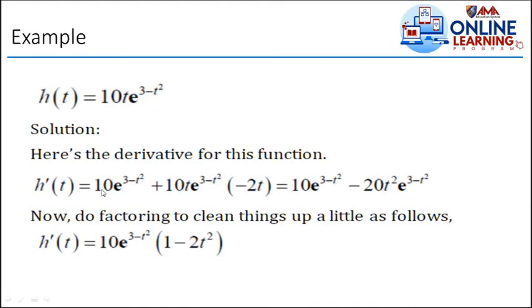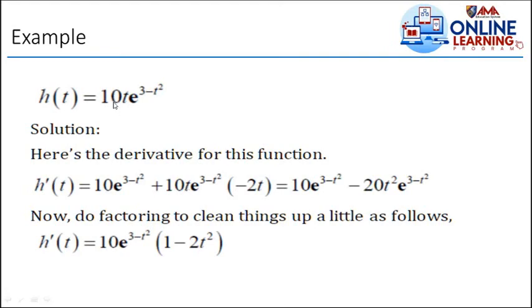So if we have u as 10e to the 3 minus t squared, the derivative of t is 1. Then we have the derivative of 10t e to the 3 minus t squared. The derivative of t squared is negative 2t. So this is our u, this is our v, so we have u dv plus v du.